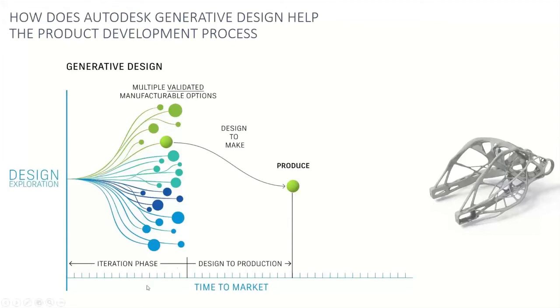Okay, so from the iteration phase pa lang, okay, kino-consider na as factor yung material, kino-consider na as factor yung manufacturability, okay, kino-consider na as factor yung safety factor niya, okay, durability, and the design to production, medyo mami-minimize. So if you're going to compare it on the traditional approach. So mas early ngayon yung way natin for what? To produce the product. Okay? Kesa nauubos yung time natin from the conceptualization pa lang, we use the cloud computing power of generative design.